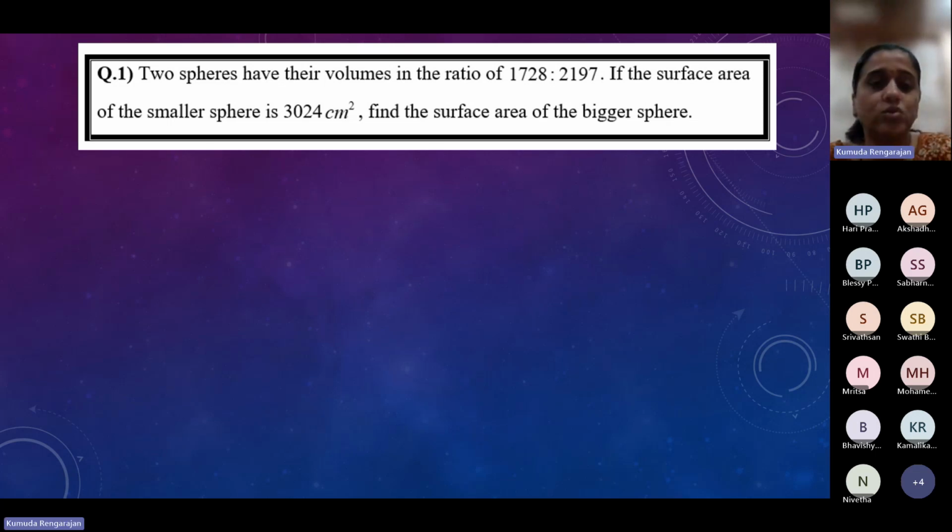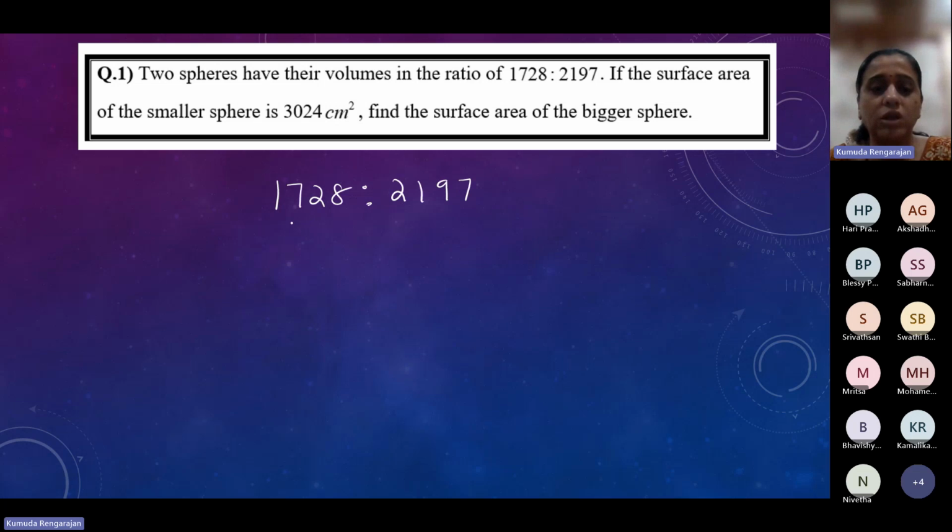Okay, so the question says two spheres have their volumes in the ratio of 1728 is to 2197. You can see the ratio: the first number is smaller than the second number.